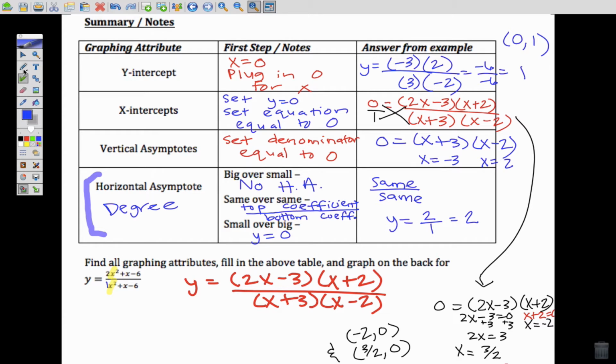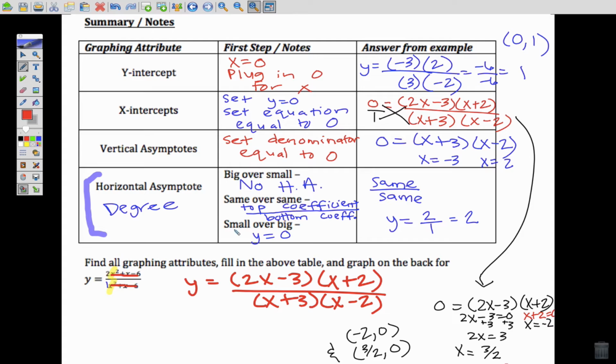In the example we looked at in class, as x gets bigger and bigger, this and this will be about the same. The difference between them is so small that they essentially cancel out, and what's left are the leading coefficients. So in this case, 2 over 1, that's why we got a horizontal asymptote of 2.